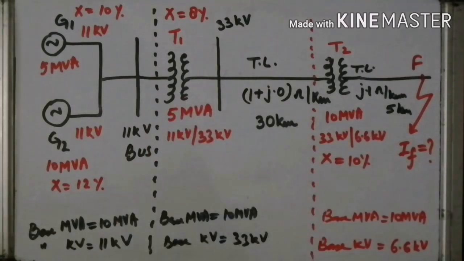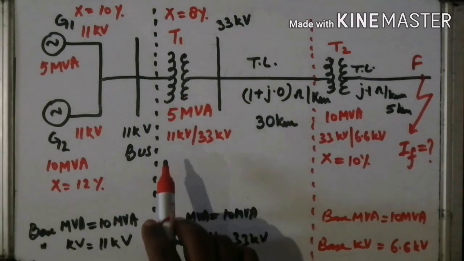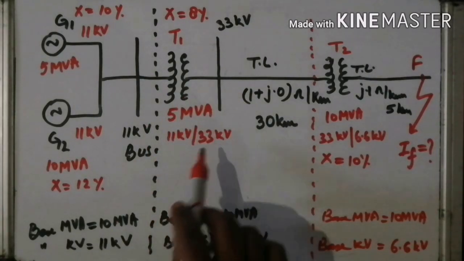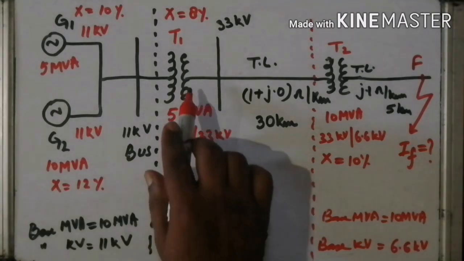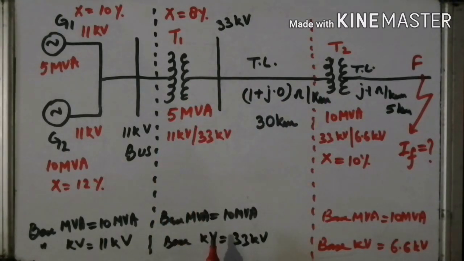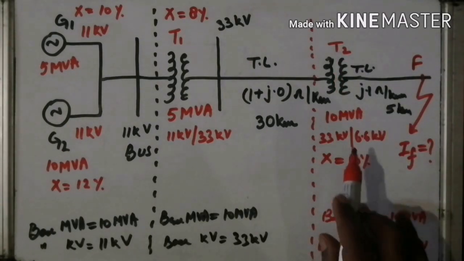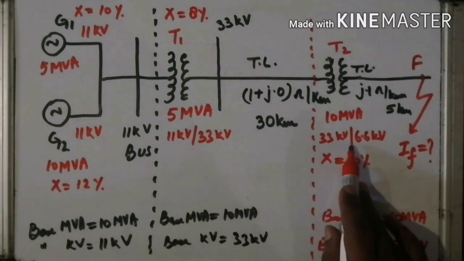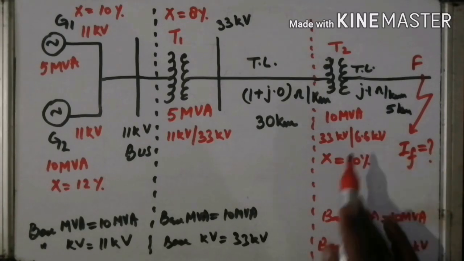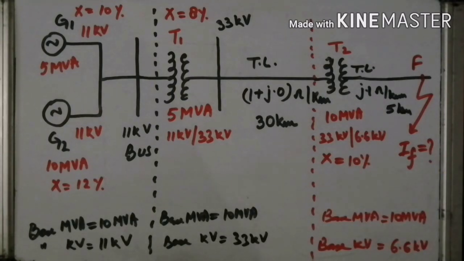This one T1 is the step up transformer. It converts 11 kV into 33 kV. After the transmission by the TL transmission line, this one is the step down transformer having the voltage ratio 33 kV to 6.6 kV. Okay, these are the base values: base MVA is the same, that is 10 MVA, and base kV is 11 kV, 33 kV and 6.6 kV.